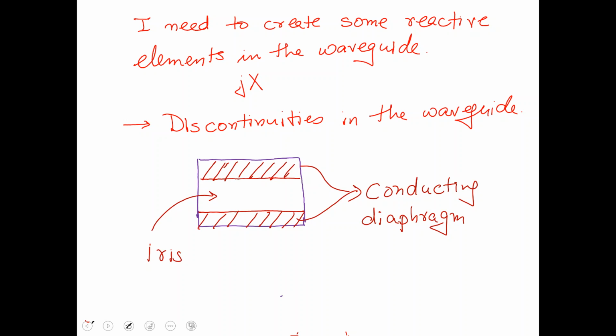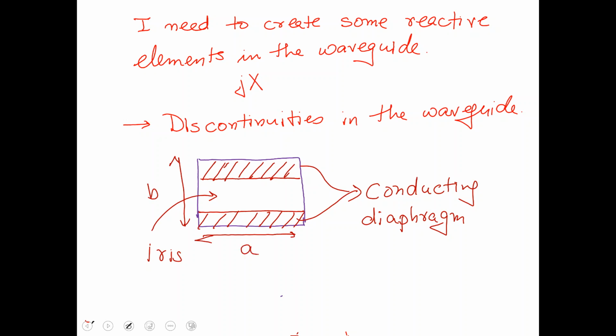Let's again assume we are working in the TE10 mode. Let's say this is b and this is a.